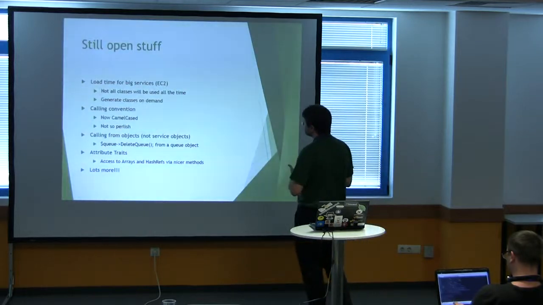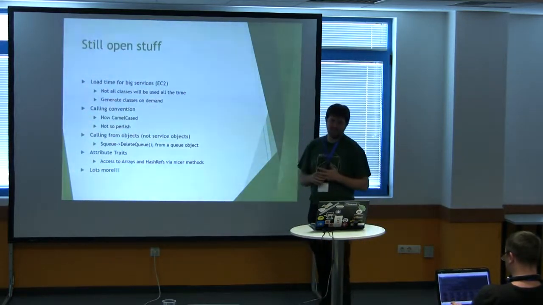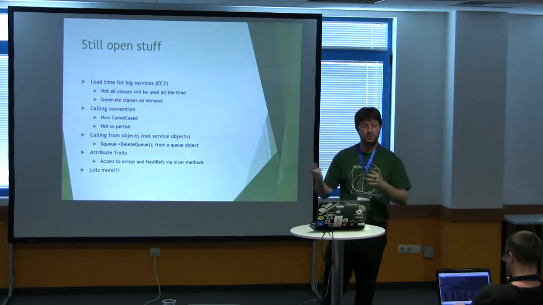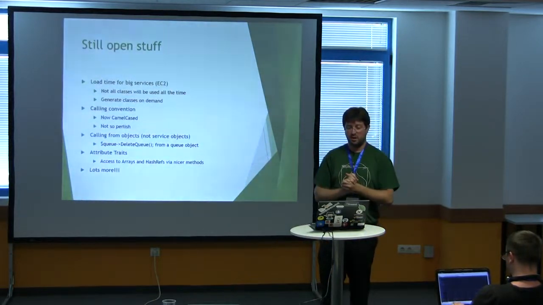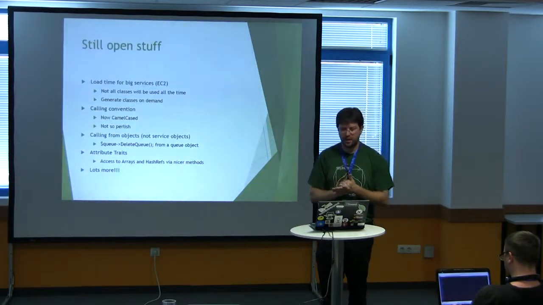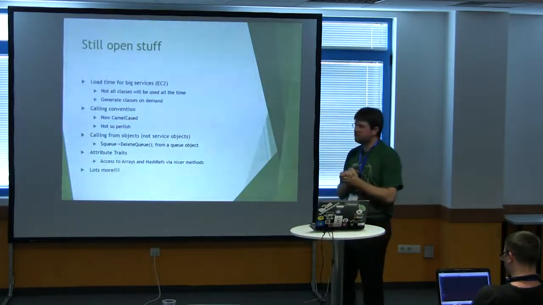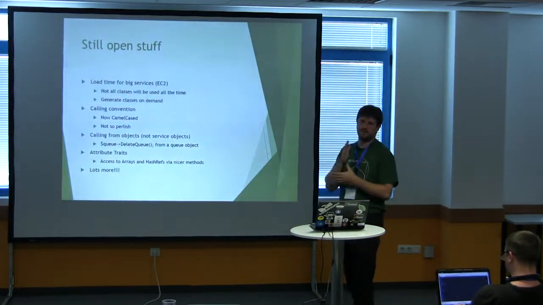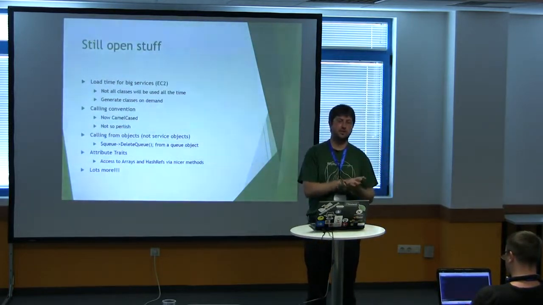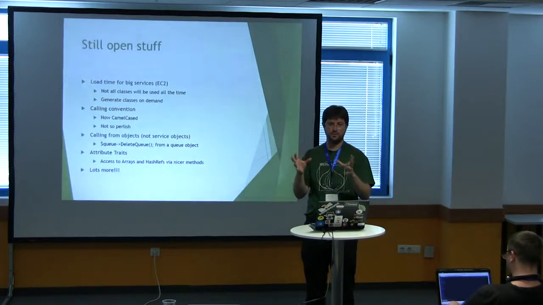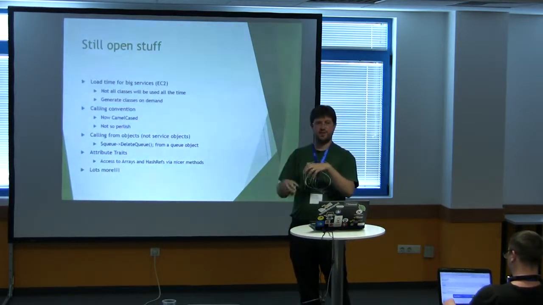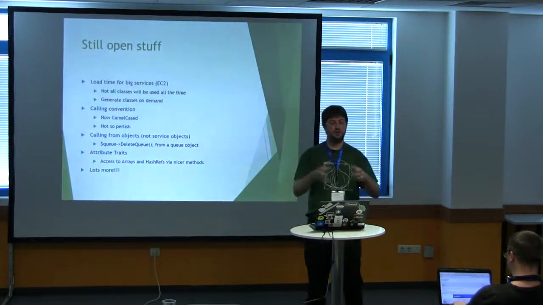So the thing is that classes will not be used all the time. If you're just using a couple of services and you don't care about start time for now, it's usable. But the thing will be to try to generate classes on demand, because you don't have to pre-declare your classes in your code. You can tell Moose to create a new class with these methods and these roles, and you can generate it at runtime.